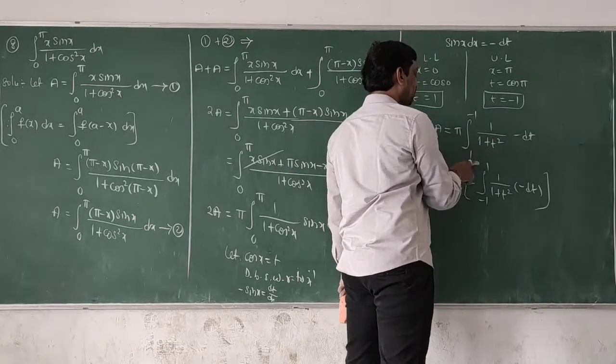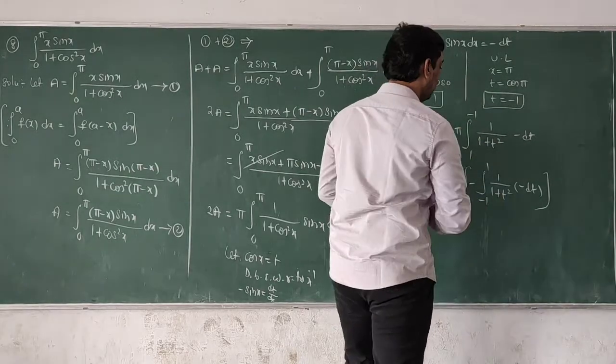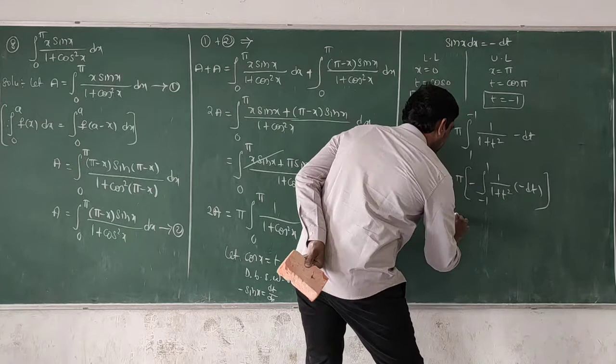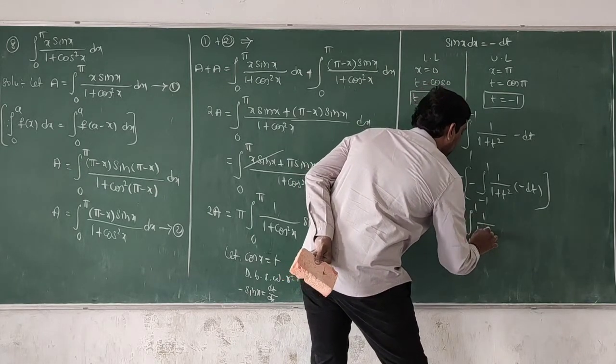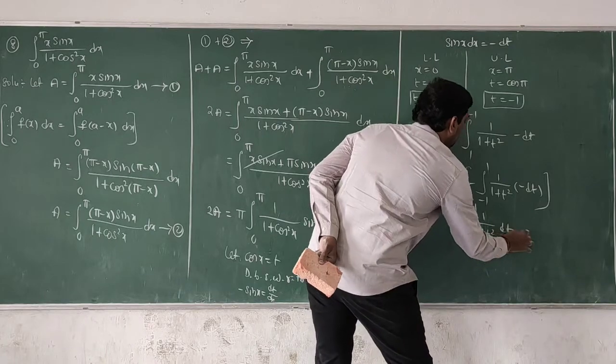If we interchange the limits, we need to write minus. Here minus into minus gives plus, so pi into the integration from minus 1 to 1 of 1 by 1 plus t square dt.